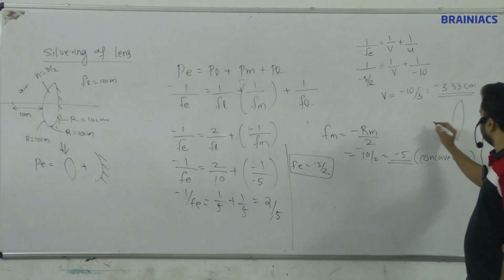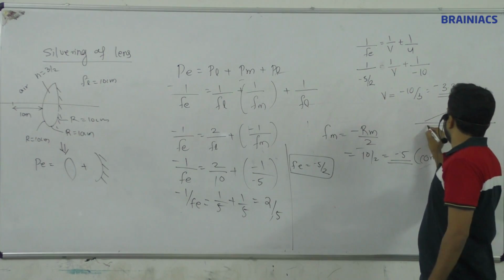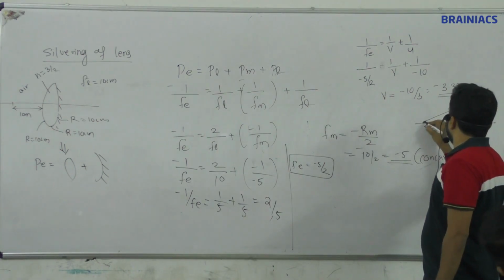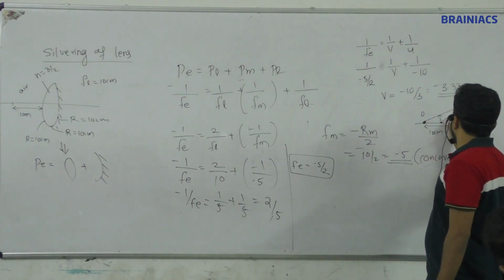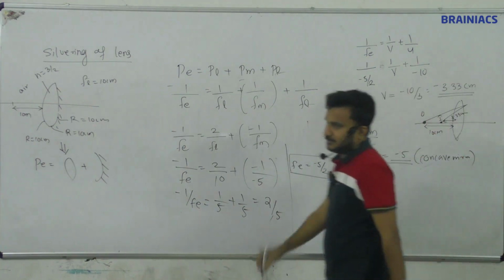So finally, how does it look? The object will be here, at a distance of 10 centimeters away. After undergoing reflections, the image will be formed. Object is here. The image will be formed at a distance of 3.33 centimeters.